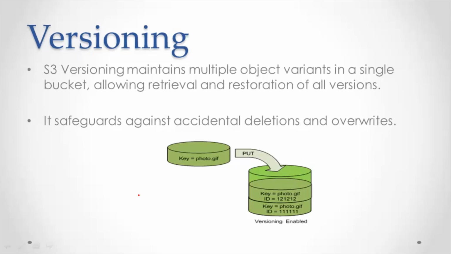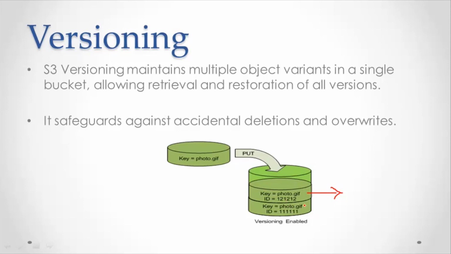So let's say this is one object stored in your bucket. You accidentally delete it, or somebody in your team accidentally deletes it, or there is an application failure or an overwrite. If versioning is not enabled, you tend to lose that data.